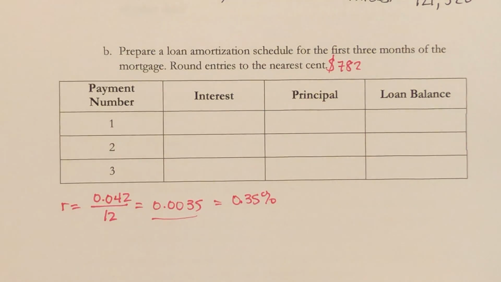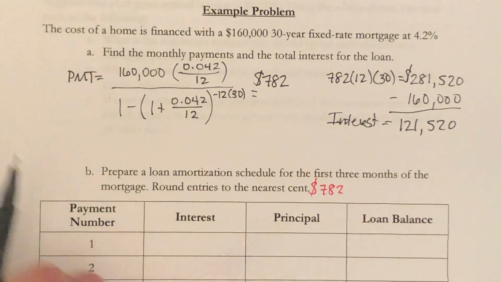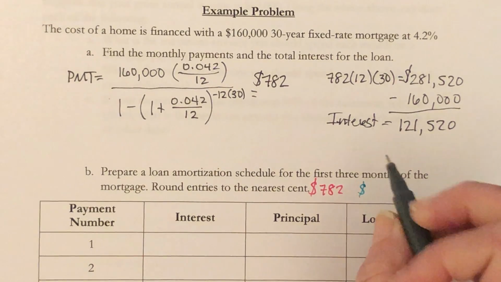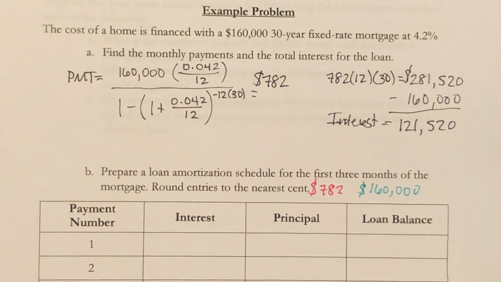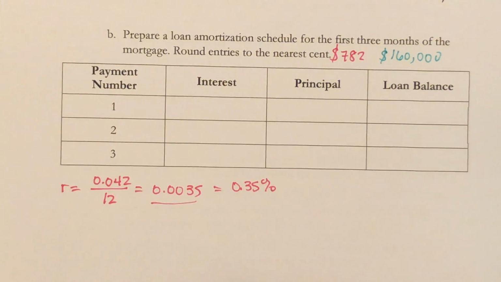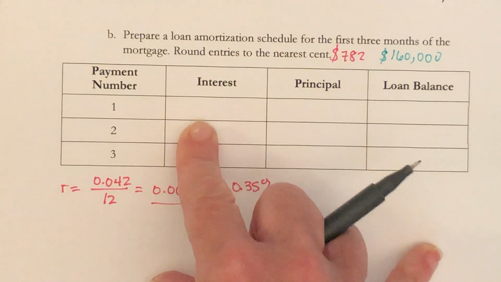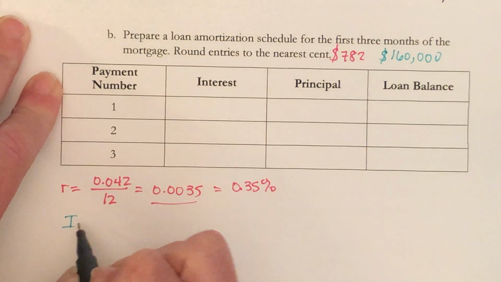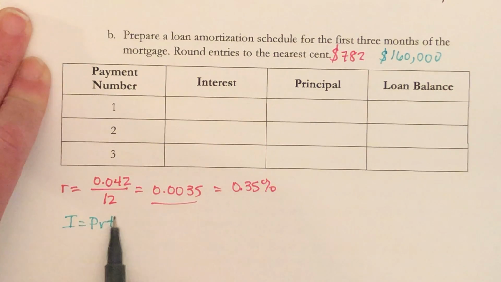Okay, so our beginning balance, I'll write this down here too, just so we don't lose it. The amount that we have financed is $160,000. To find the amount of interest, it's going to be I equals PRT, which is simple interest, but this time it's for a month.